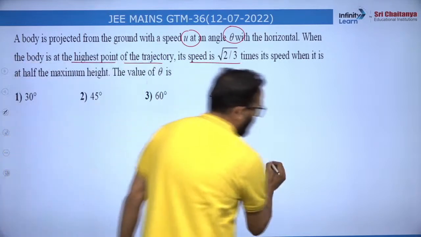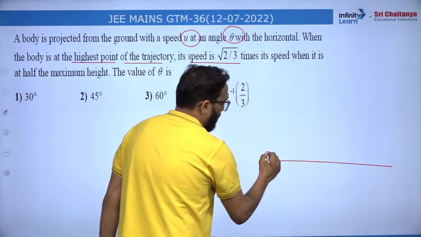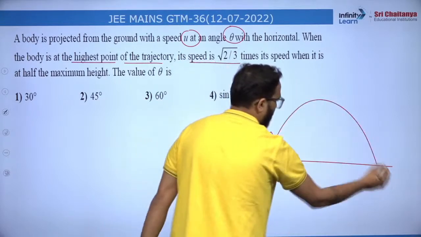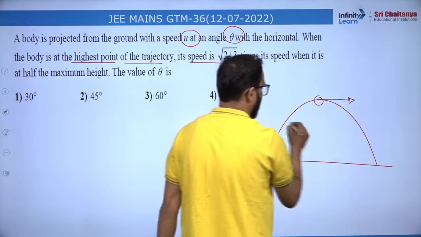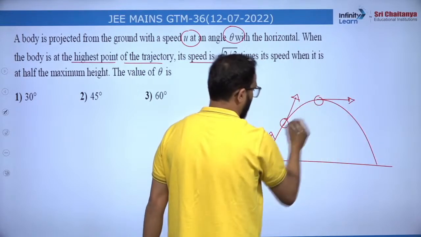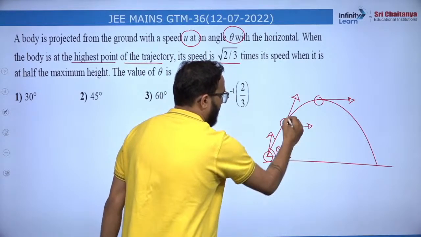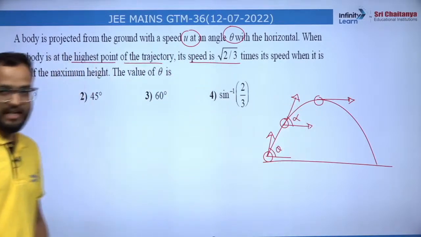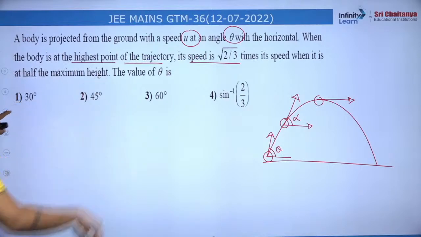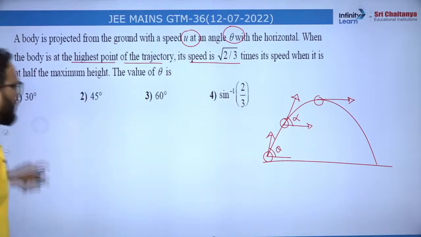Okay, so let's draw the complete diagram, what they are asking, what we have understood, everything. Let's say initially the angle is theta, at a height h by 2 the angle is alpha, and at the complete height h, the angle will be 0 degrees, right?